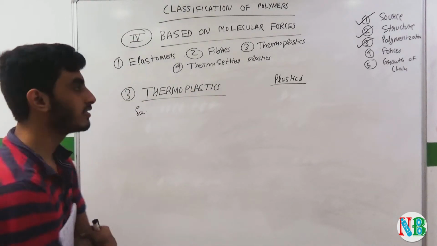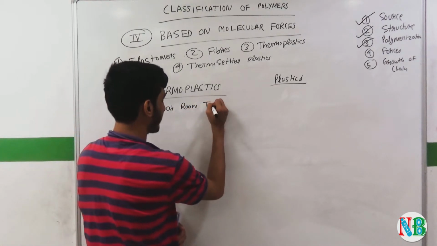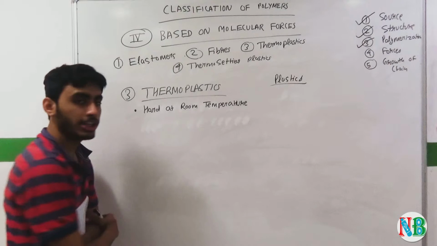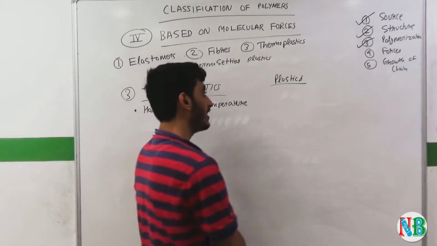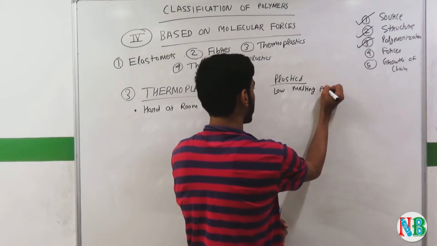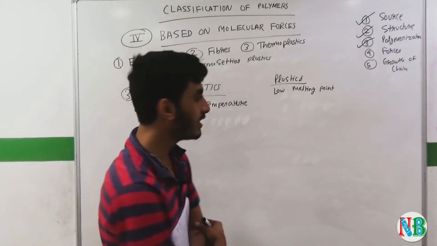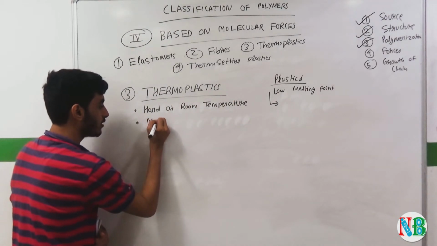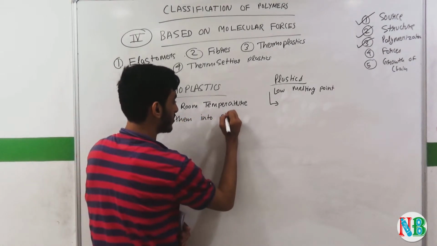These substances are hard at room temperature, but when you heat them, they have a very low melting point. So when you heat them, you are able to melt them, and you can mold them into various shapes.